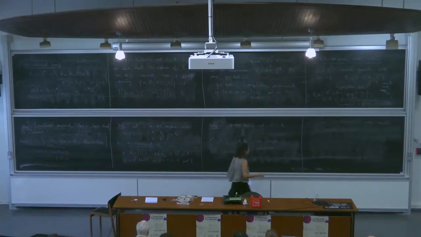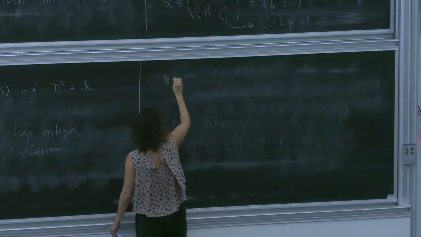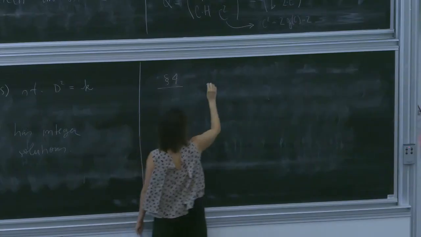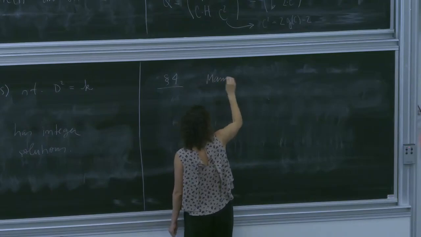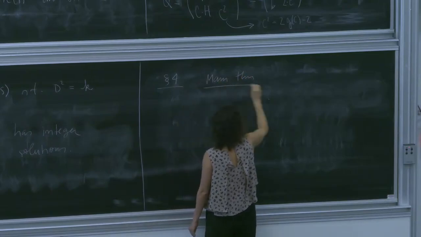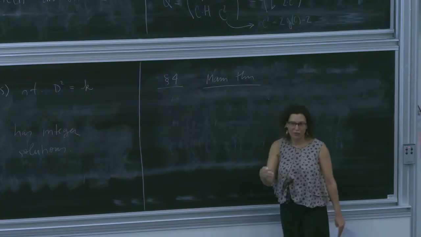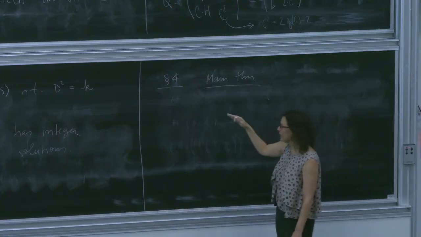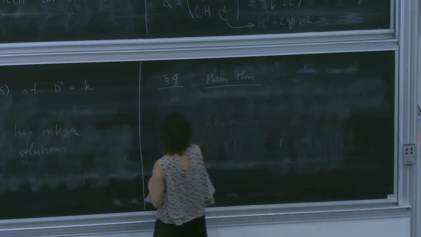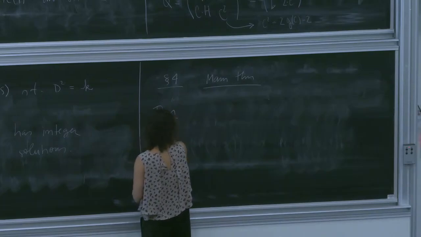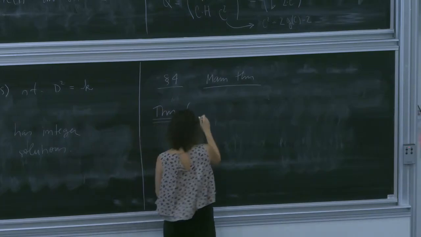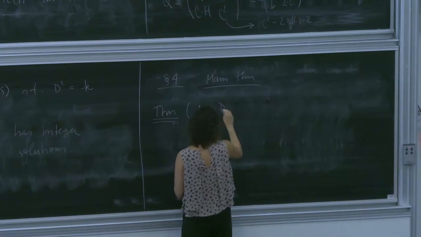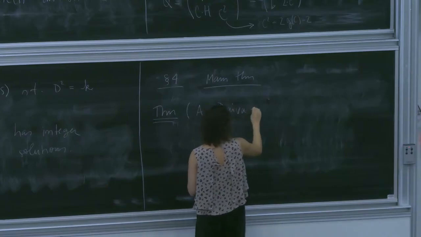So now, the last section is the main theorem today, which is the solution of Gizatullin's problem in the case of Picard rank 2. So, theorem. This is together with Daniela and Socrates.